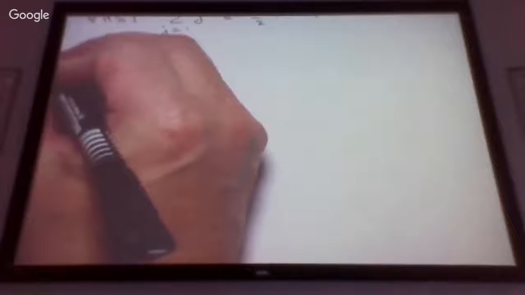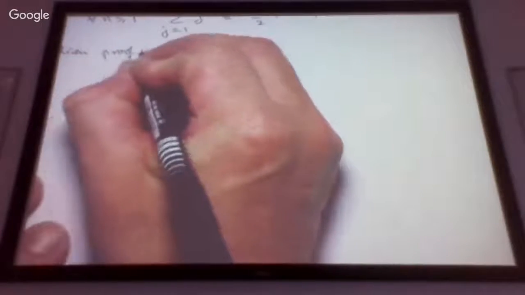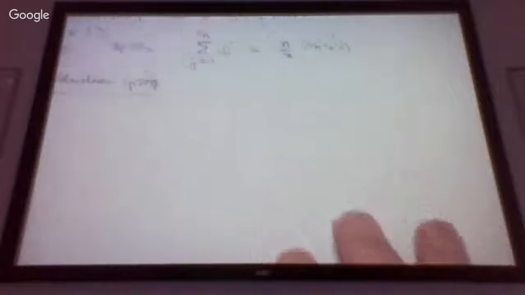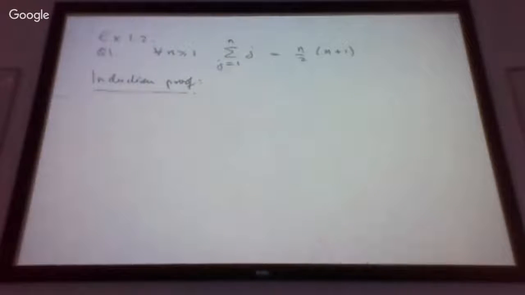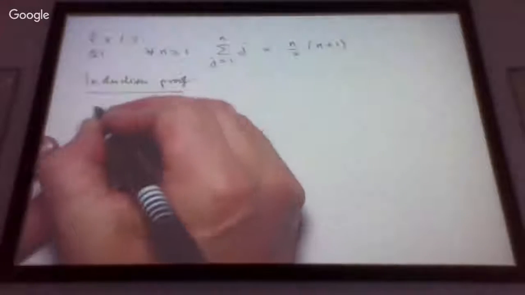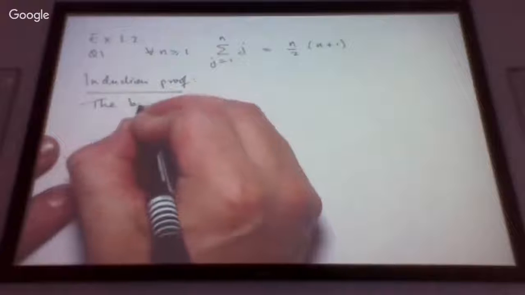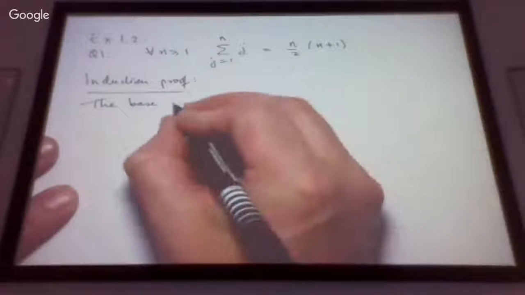So we do an induction proof of this. Okay, so we begin by proving the base case. The base case is when n equals 1, as it is for all of these.